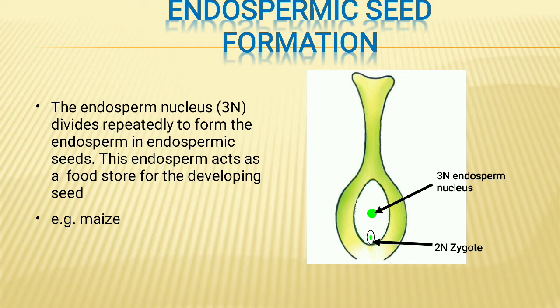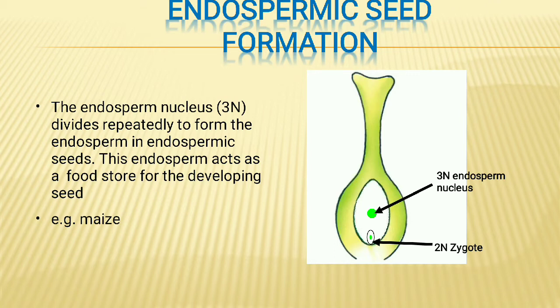Percentage wise, 80% of seeds are without endosperm, and only 20% of seeds have endosperm present even after seed formation. Why are endosperms present in such endospermic seeds? To give nourishment for the developing seed, the endosperm persists.